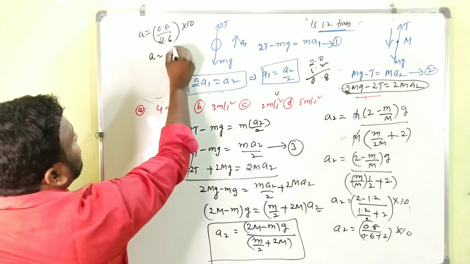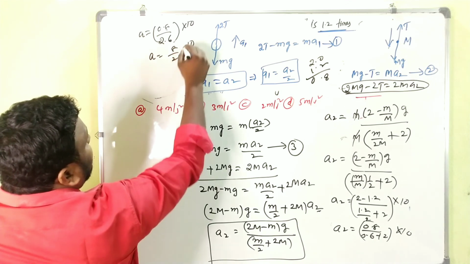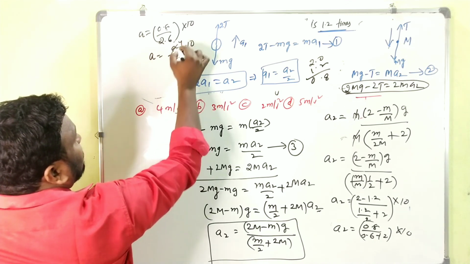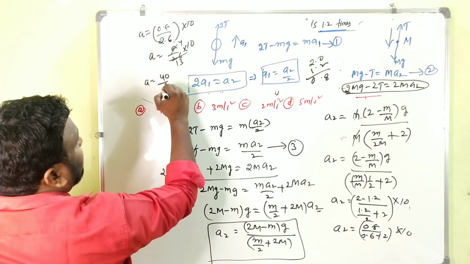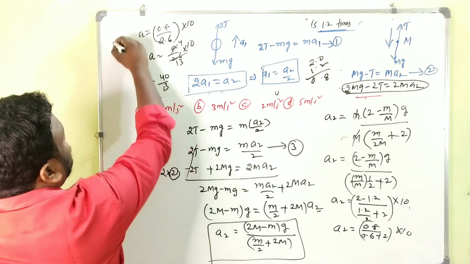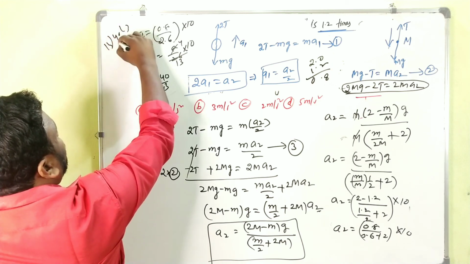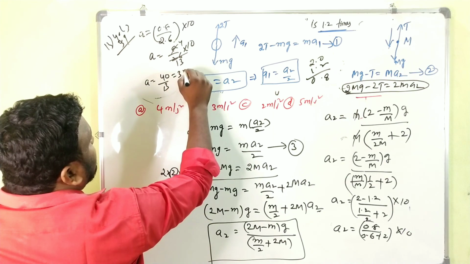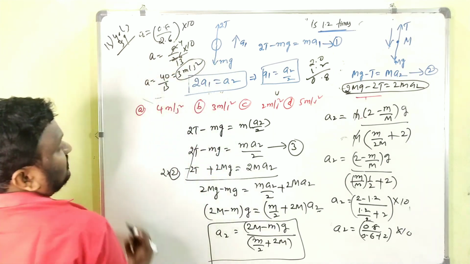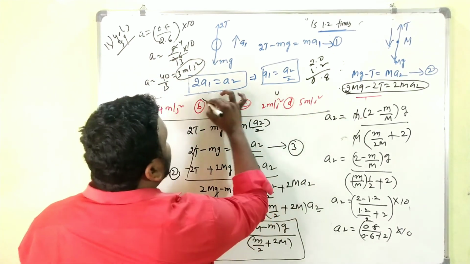Then A is equal to 8 by 26 into 10, which is 40 by 13. So 13 threes are 39. This is almost 3 meter per second square. That's why among the 4 options B is the right one.